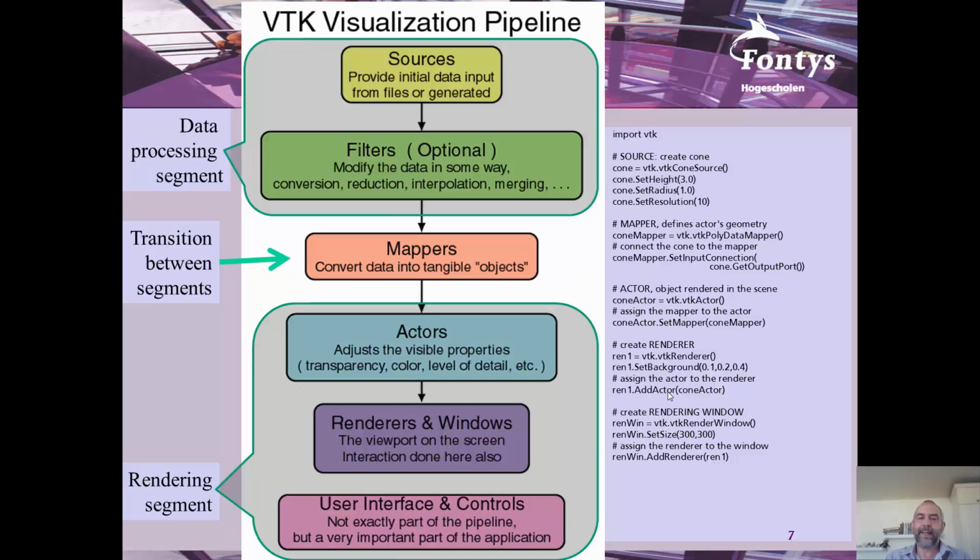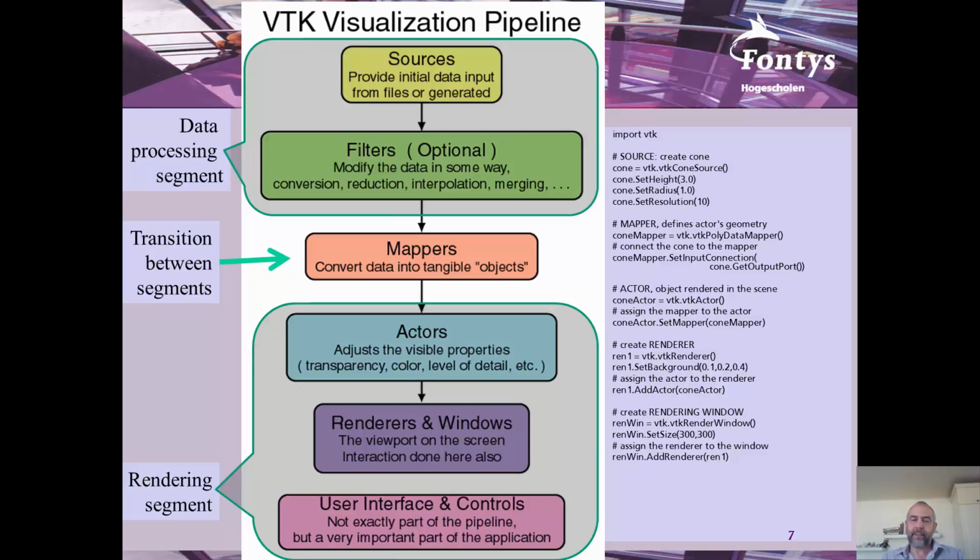So we add an actor to the renderer. Notice the difference between this set mapper and add actor. A set mapper means every actor has exactly one mapper, so we set that mapper here. But every renderer can show different objects, different actors, so we can add multiple actors to the same renderer.